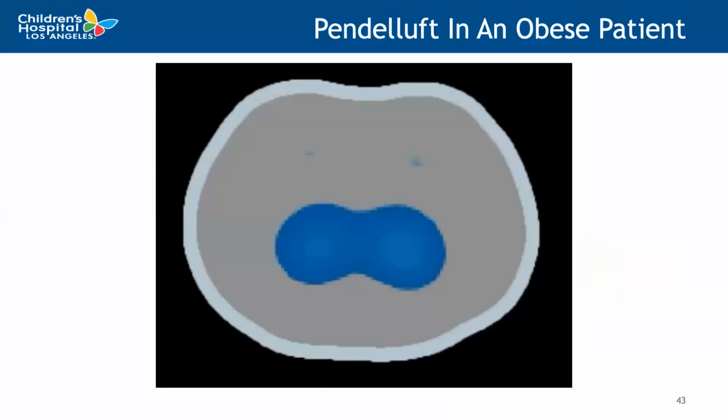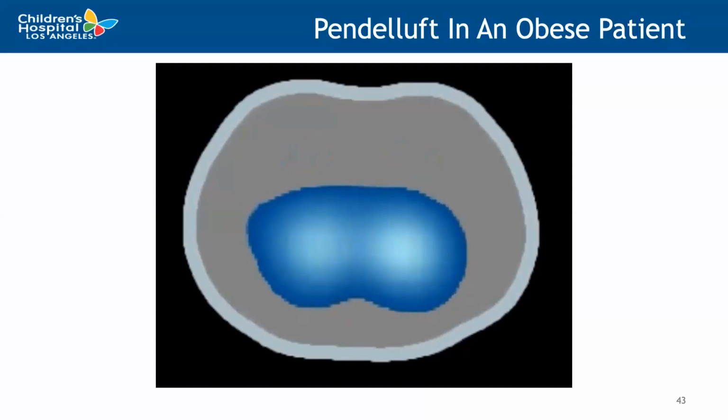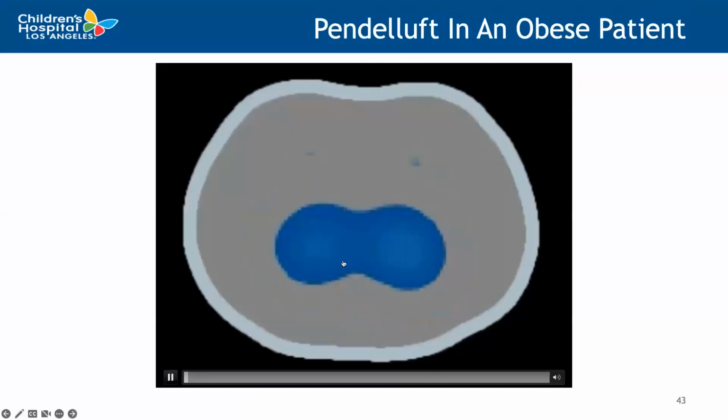And here's another example of a patient that had pendelluft. This was likely as a result of their severe obesity. So you can see that the posterior and the anterior areas of the lung are filling at different times. And again, I want to draw your attention to the fact that this patient was severely obese.